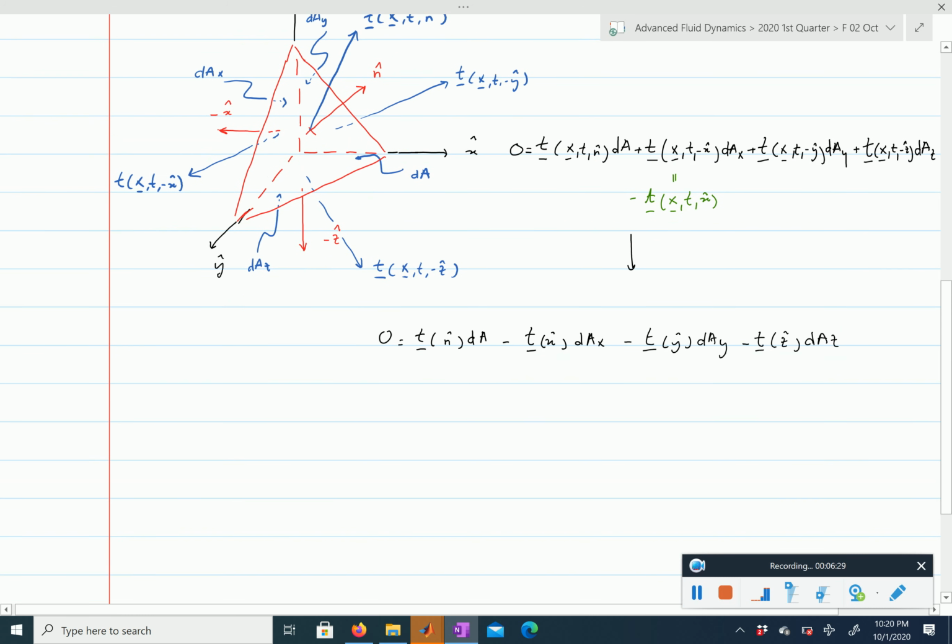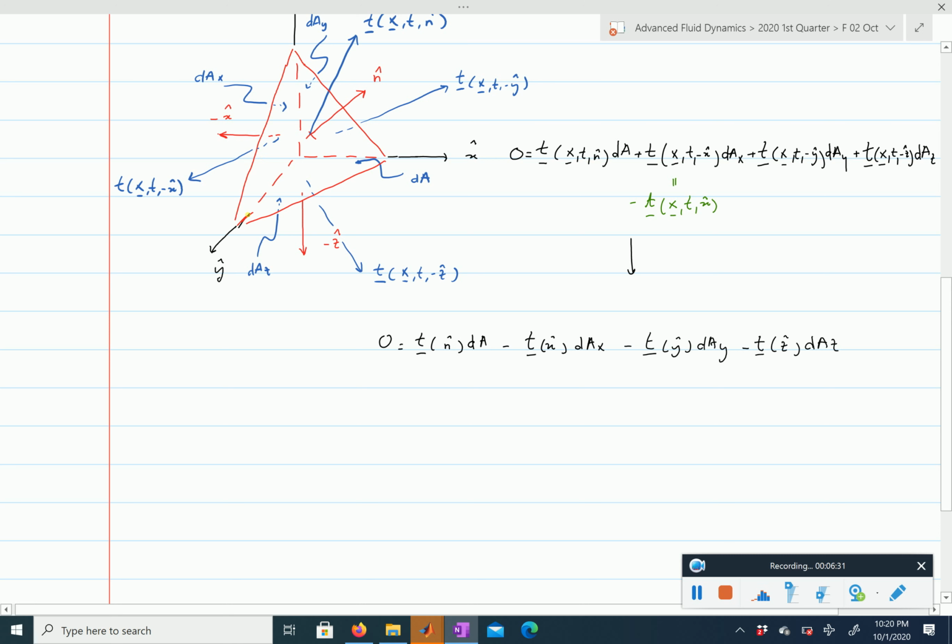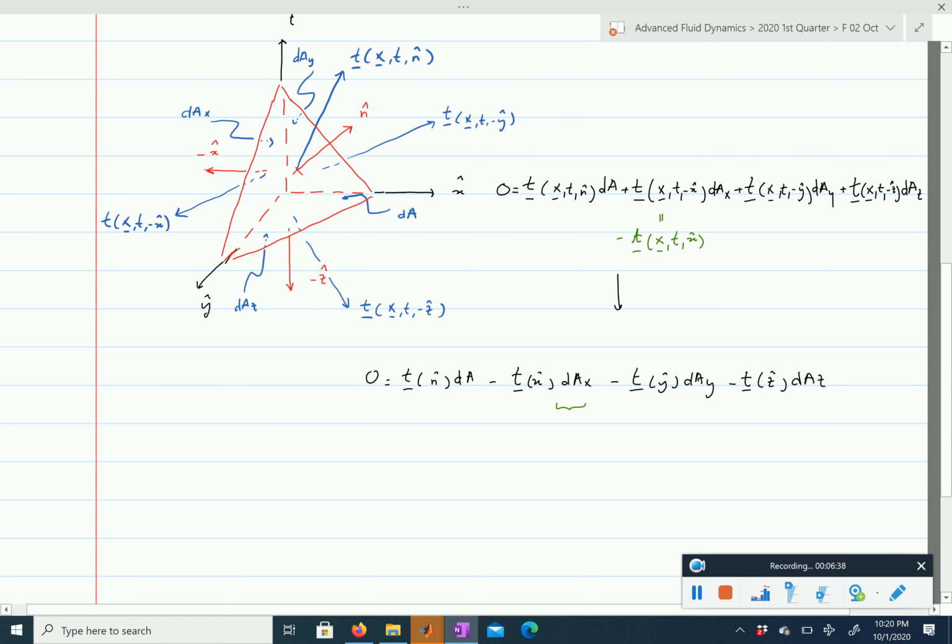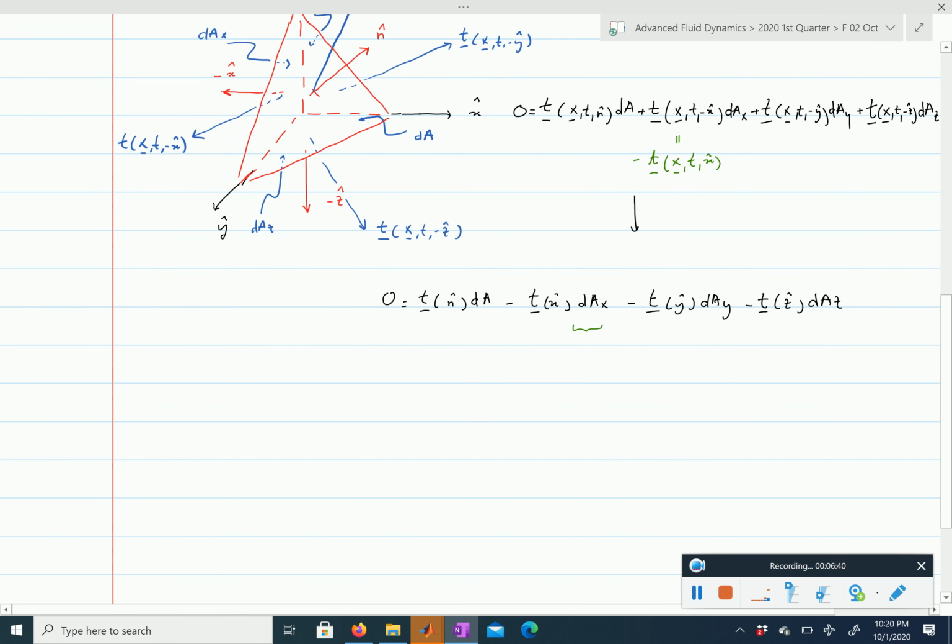Okay, one thing which one can notice because of this tetrahedron geometry and the way I picked it, is that this surface here, dAx, is actually equal to dA times the dot product between the vector x and the vector n. This is geometry.